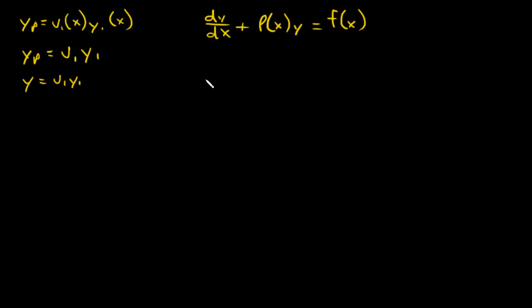I have the derivative of u1 y1 with respect to x plus p of x times this y, which is u1 y1, equals f of x.